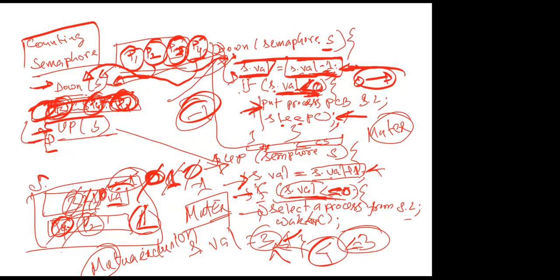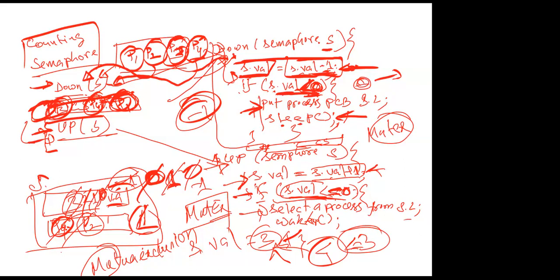So when it is a negative value, there is no spot for entering the critical section. If the semaphore value is positive, then a process can enter this critical section. On the other hand, if the semaphore value is negative, then the process will be added to the queue list. Sorry, I need to correct myself: if it is zero, then it is fine, there is one spot.